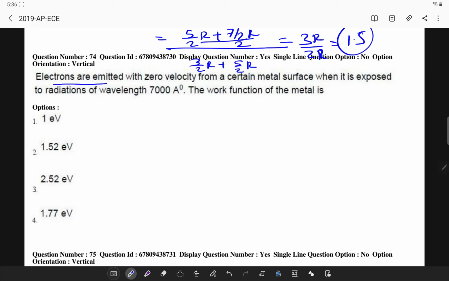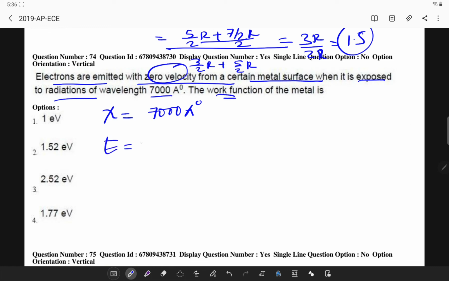Electrons are emitted with zero velocity from a certain metal surface when it is exposed to a wavelength lambda of 7000 angstrom units. We are asking the work function. So we have a formula E is equal to W naught plus KE max for the electrons being emitted.